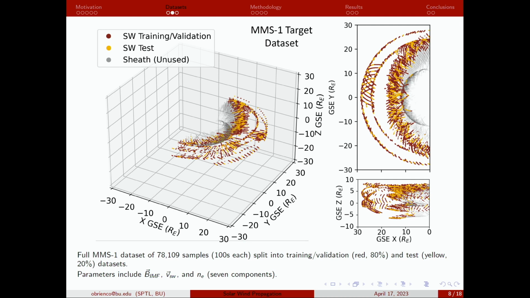We used electron density rather than ion density because MMS's fast plasma investigation actually has errors in the solar wind for ion density, which becomes unreliable, as well as ion temperature. So both of those were excluded from our data set.